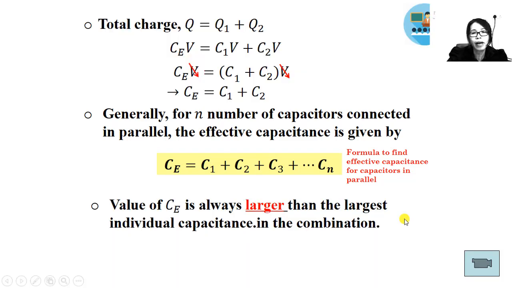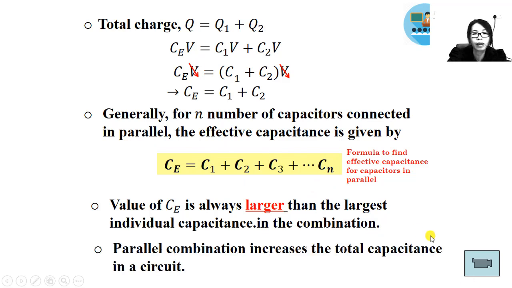We will find that the value of the effective or total capacitance will always be larger than the largest individual capacitance in the combination. Why? Because we total up all the values of capacitance. So the parallel combination normally increases the total capacitance in the circuit.